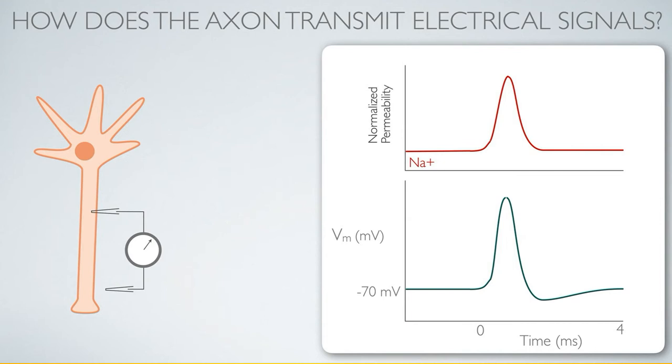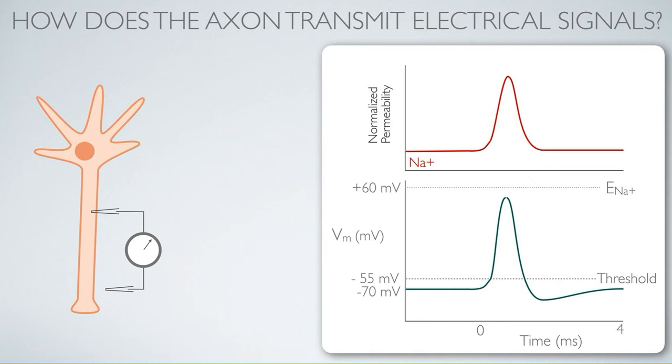That's what we see in the graph up above in red, the permeability of the membrane at that spot to sodium. What does it mean if you increase the permeability? According to the Goldman equation, the membrane potential is going to approach the equilibrium potential for that ion. In this case, we would calculate the equilibrium potential for sodium using the Nernst equation, and that would show us that it is plus 60 millivolts, which I've added to the graph.